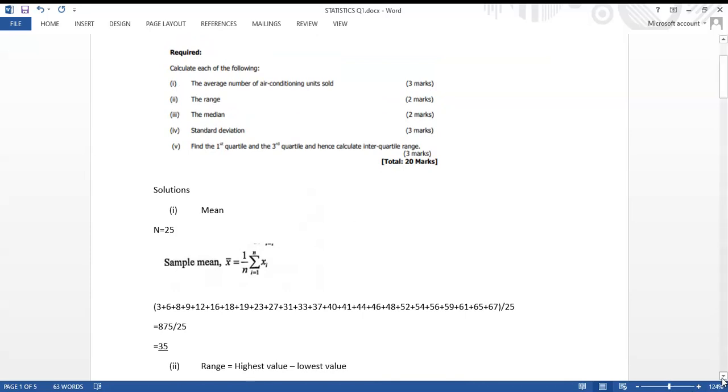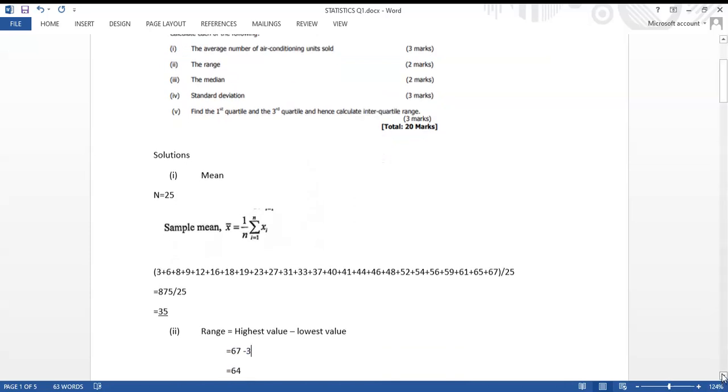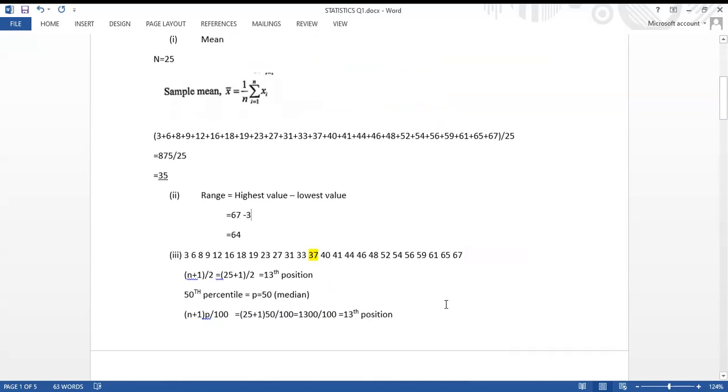The standard deviation. Basically, we're trying to find how far our data points are from the mean, the average. How far are these points from average? There are two ways we can do this.